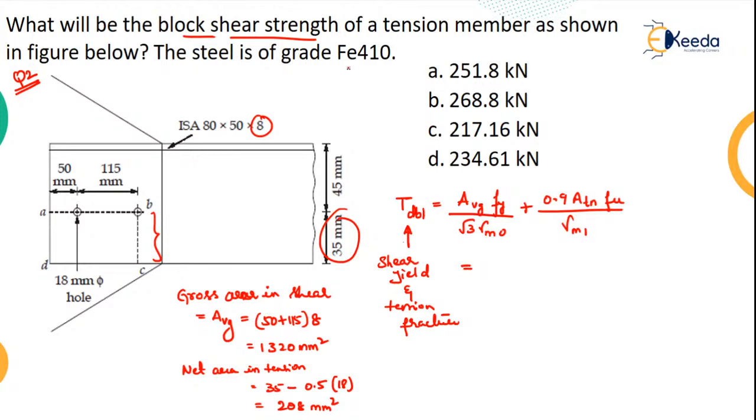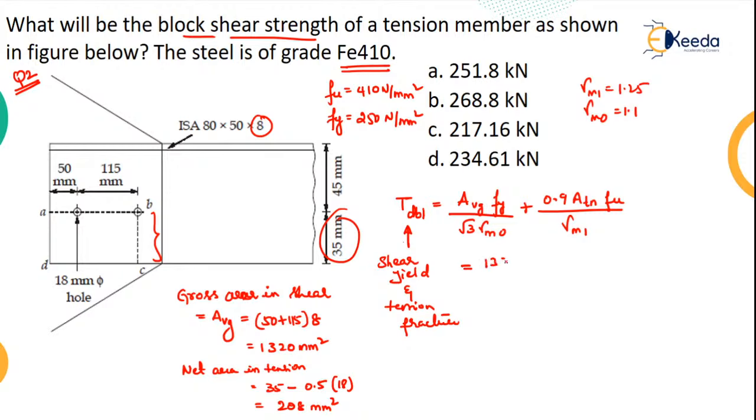Rest all things you know. They have given you Fe 410. So Fu will be equal to 410 Newton per mm square and Fy will be equal to 250 Newton per mm square. And for bolted connection, again your gamma m1 will be 1.25 and gamma m naught will be equal to 1.1.